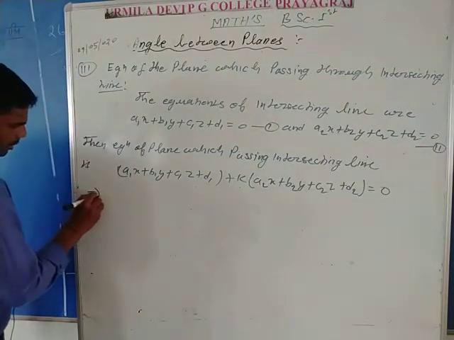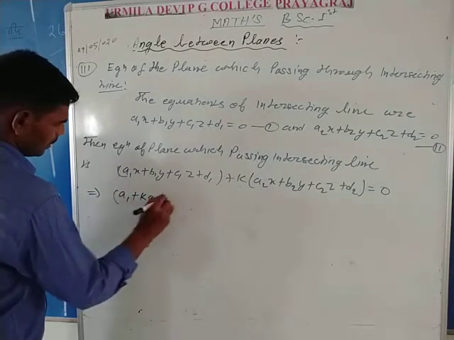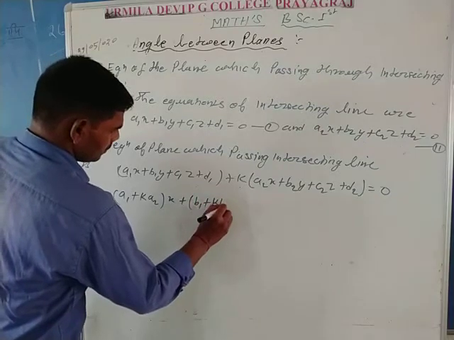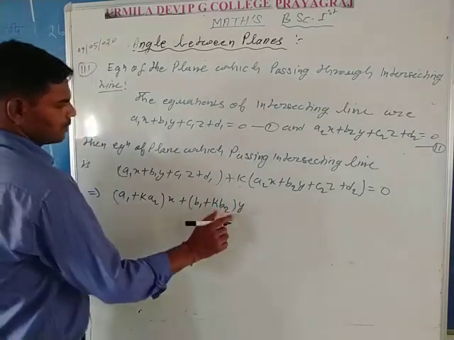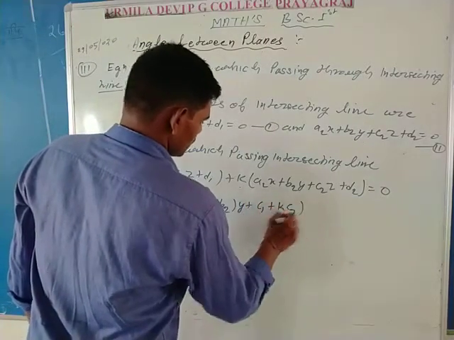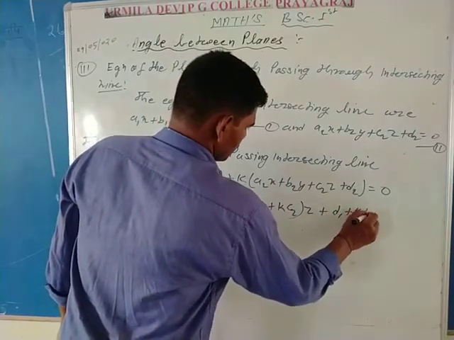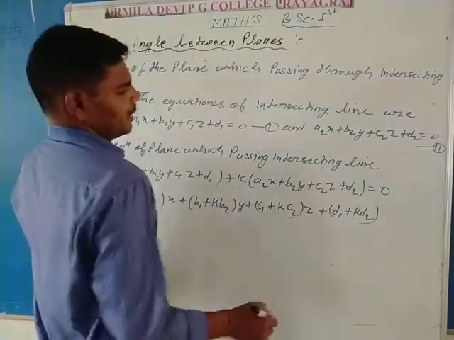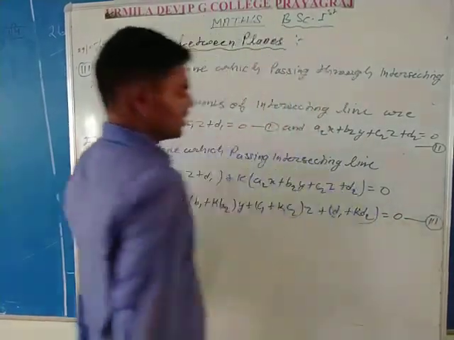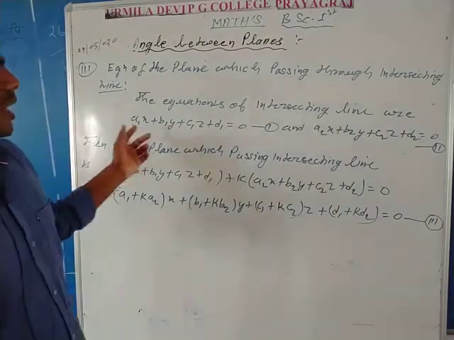Simplifying, a1 plus k times a2 x plus b1 plus k times b2 y plus c1 plus k times c2 z plus d1 plus k times d2 is equal to 0, represented by the third equation. So equation third is the required equation of the plane passing through the intersecting line.